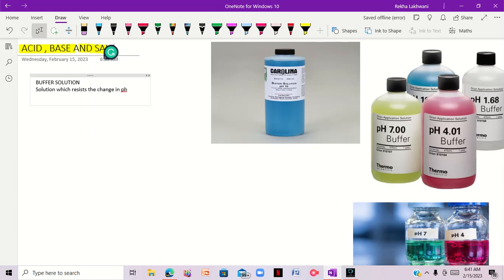Basically, a solution which resists the change in pH is known as a buffer solution, or you can say it maintains a fairly constant pH. That solution is known as a buffer solution, right?